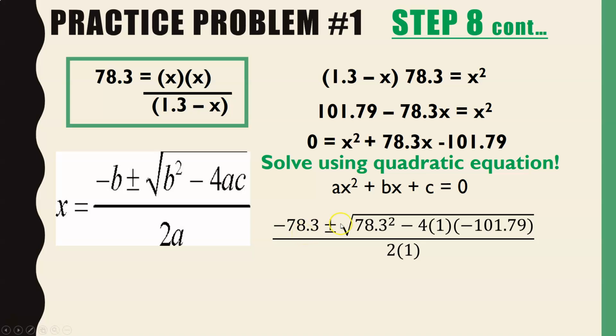Negative b plus or minus the square root of b squared minus 4 times a times c. Divide that whole thing by 2 times the a value.